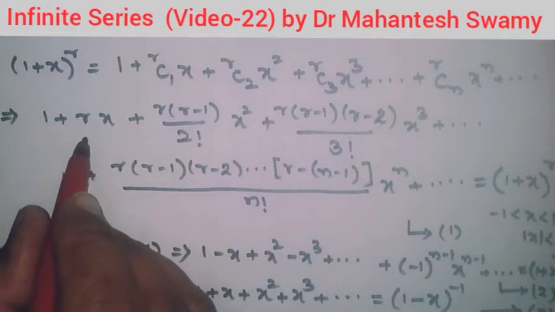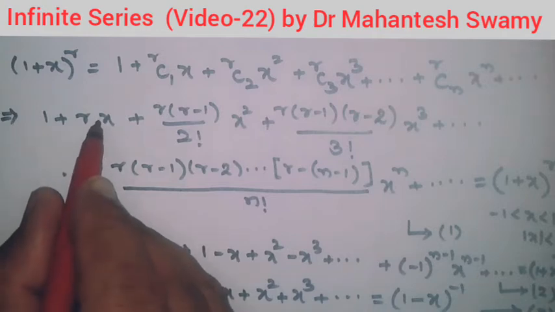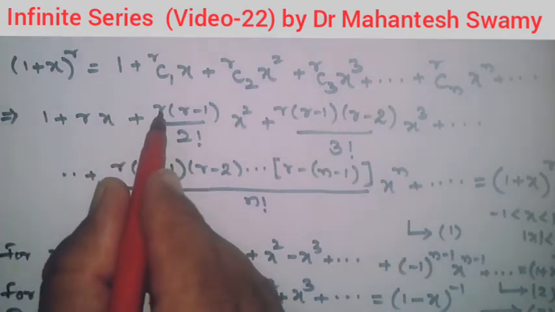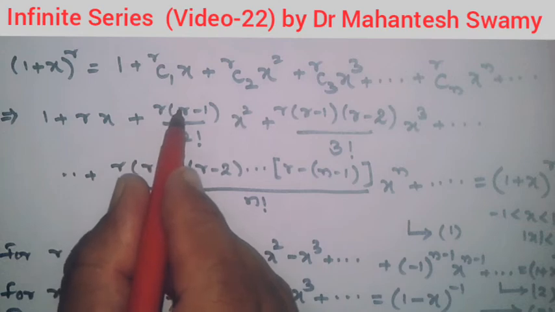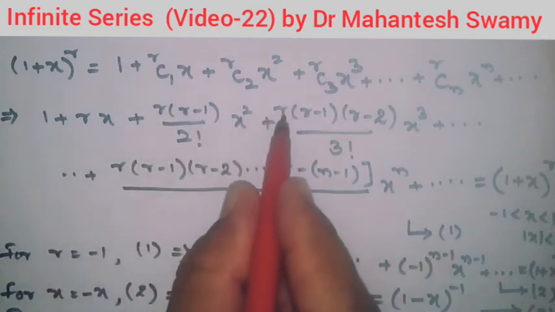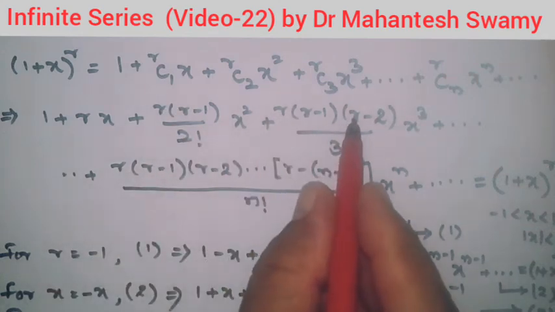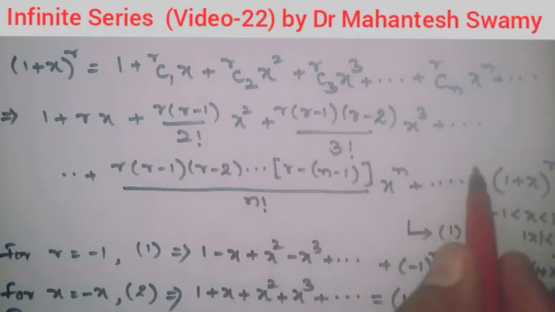1 plus p by q into x, plus p by q into bracket p by q minus 1 divided by 2 factorial, plus p by q into bracket p by q minus 1 into p by q minus 2 divided by 3 factorial, and so on.